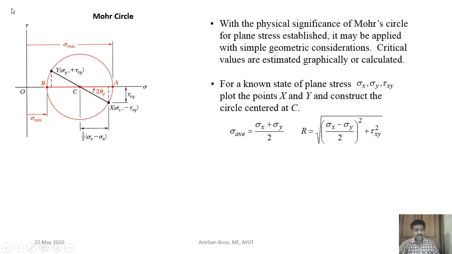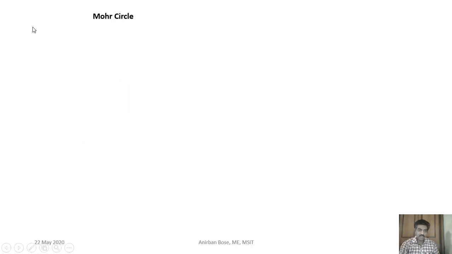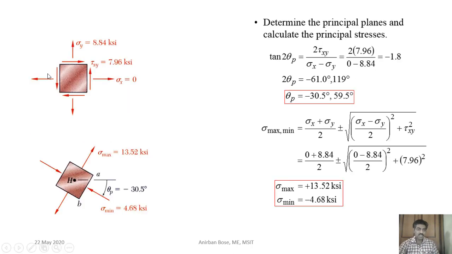Once again I am repeating regarding the shear stress sign convention of plotting in the Mohr circle. The first method is you just consider this shear stress axis as positive, whatever we have mentioned earlier. That means tau is positive according to the sign convention. In very simple words, just see this particular example once again, whether this tau xy is positive or negative.